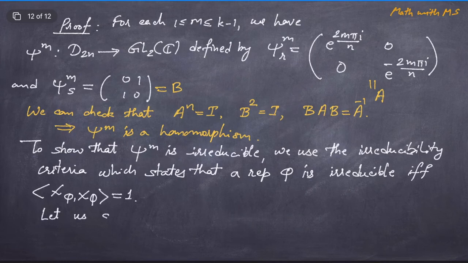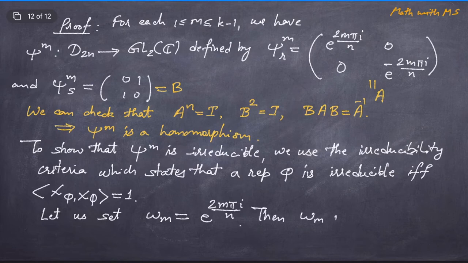Let us set omega m to be this complex number e^(2 m pi i / n). Omega m is an nth root of unity.